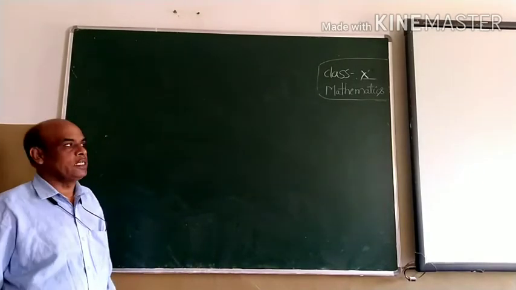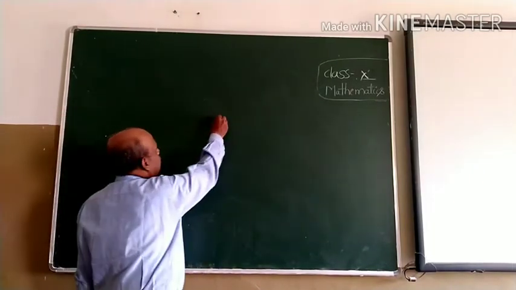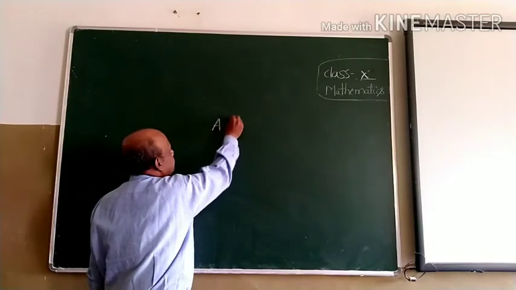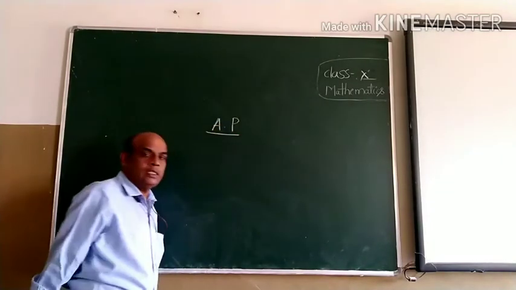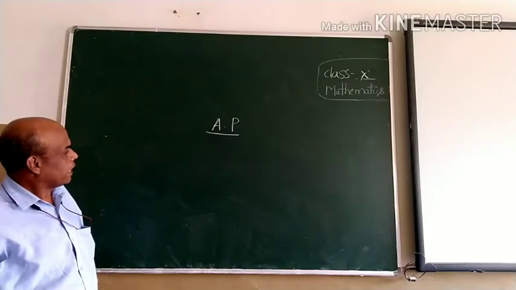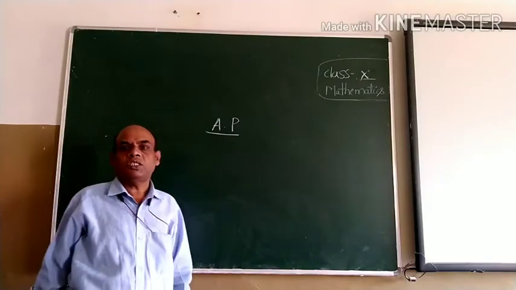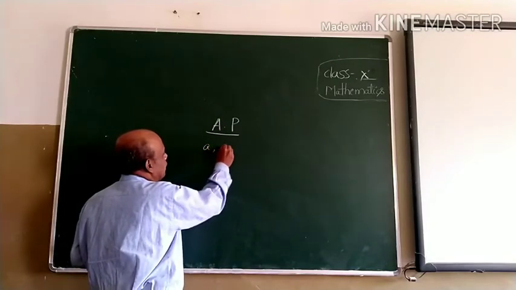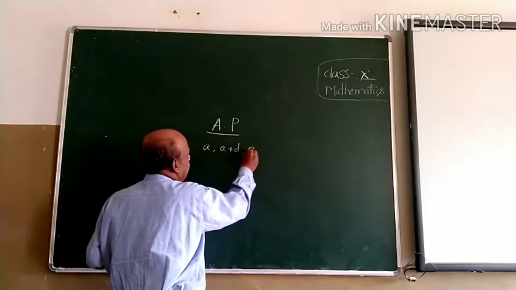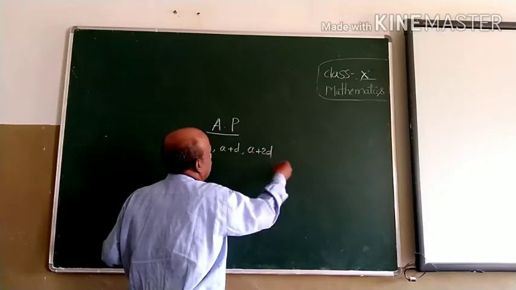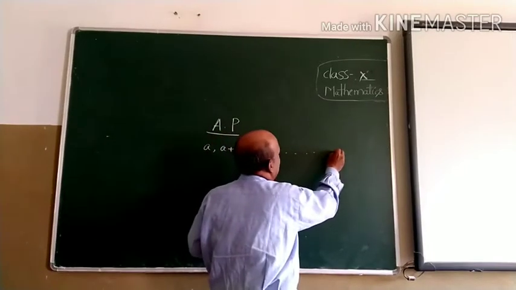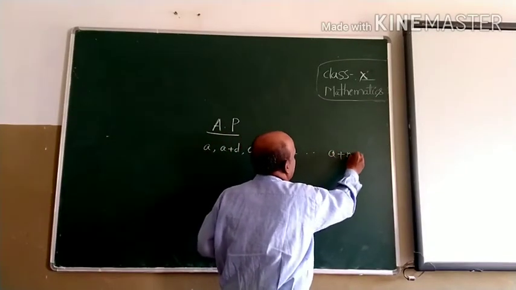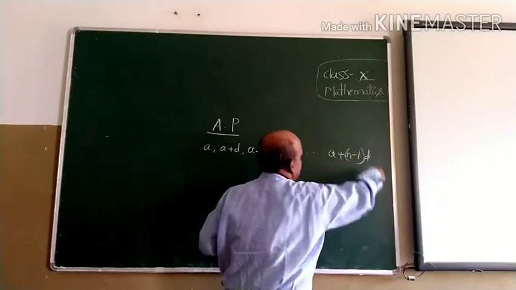Already yesterday we studied arithmetic progression and how to find the nth term if the sequence is a, a plus d, a plus 2d, so that the nth term is a plus n minus 1 into d.